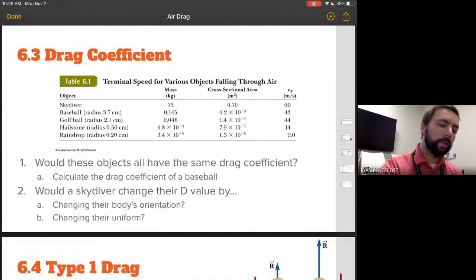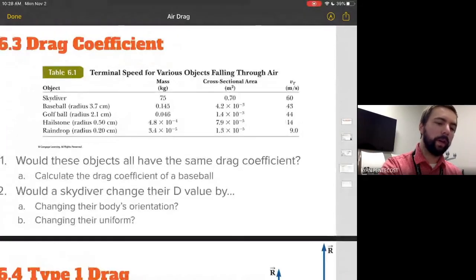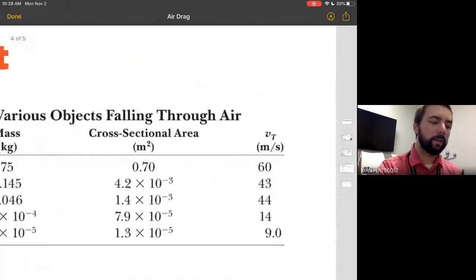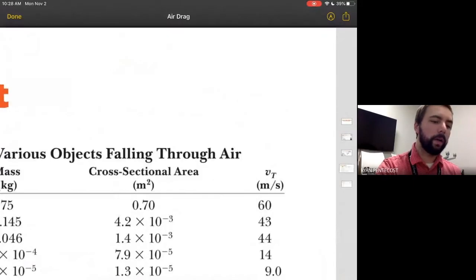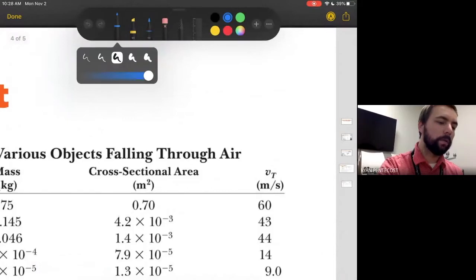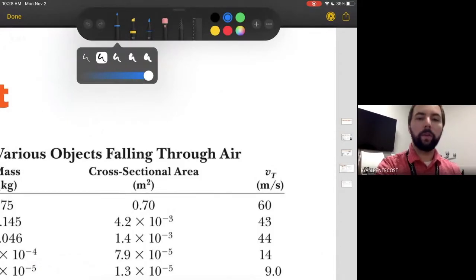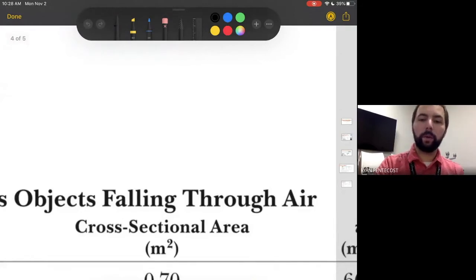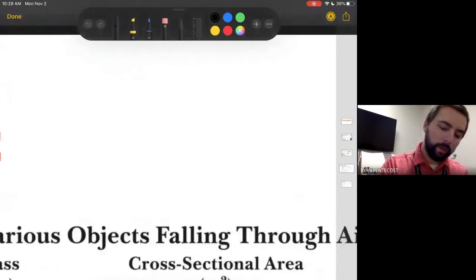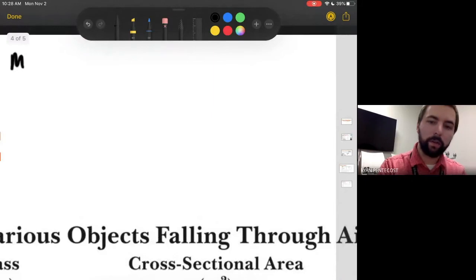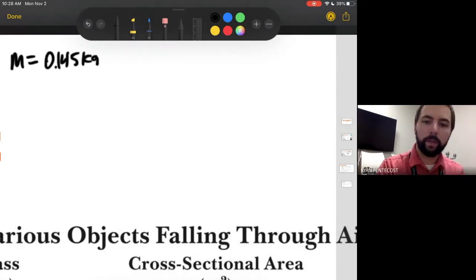So where should we do our work? We're kind of out of space. I didn't give myself an extra area over here, so let's drop that size here and we'll zoom in. We've got some given variables for a baseball. The mass of a baseball is given to us as 0.145 kilograms.